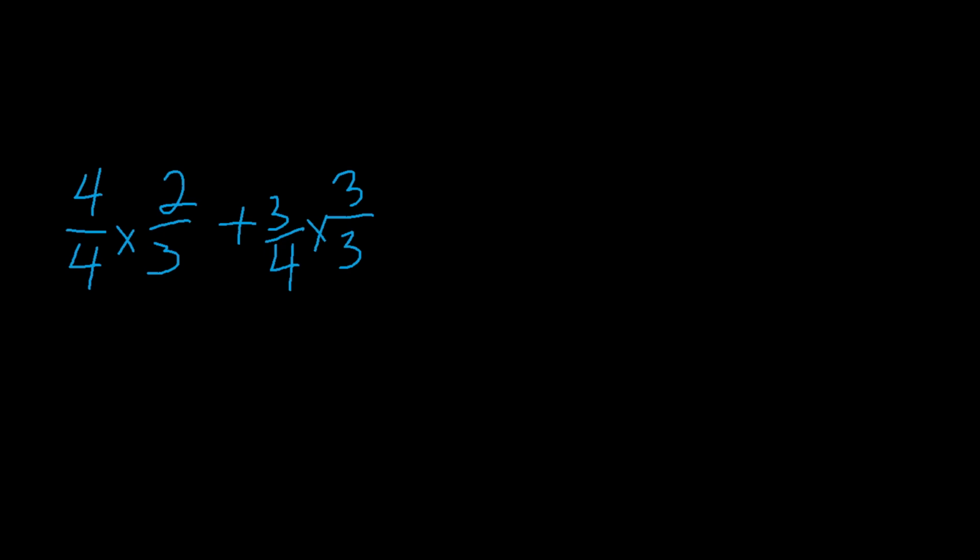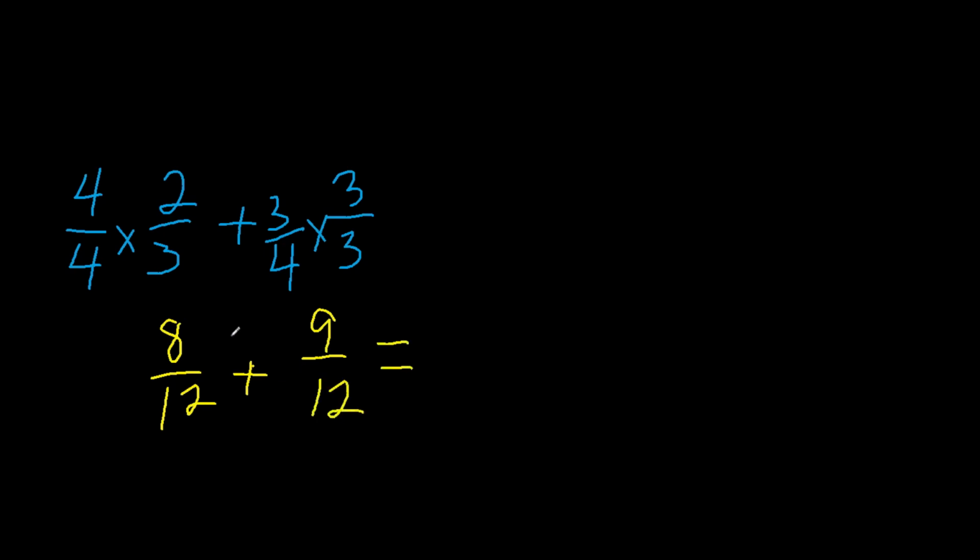That becomes 4 times 2 is 8. 3 times 4 is 12. Plus 3 times 3 is 9. 3 times 4 is 12. Now we have the same denominator.